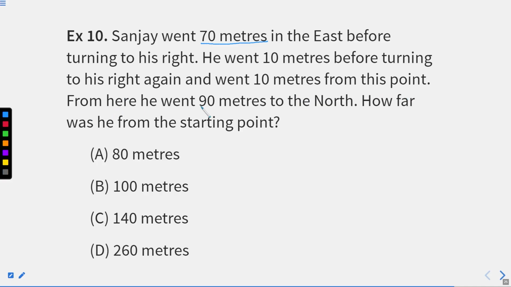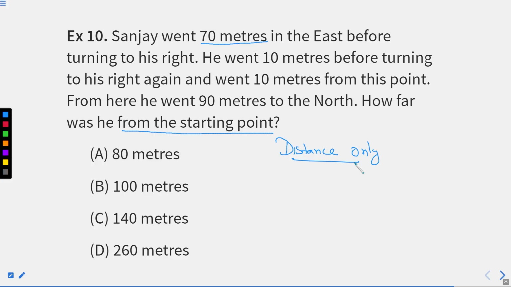From here, he went 90 meters in the north direction. How far is he from the starting point? So the question says how far he is from the starting point. What we need is distance only, right?